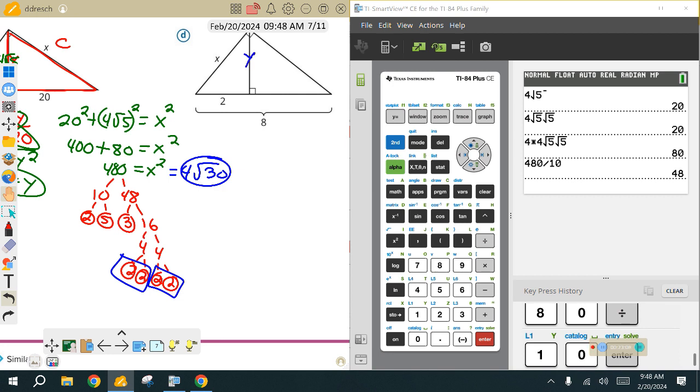What's my geometric mean going to look like? What's the proportion going to look like then? 2 to y, y to 6, right? Yep, that's the whole deal.